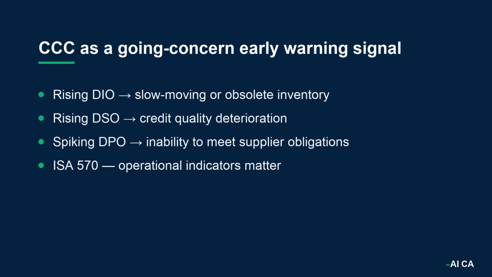If DPO is spiking, the entity may be unable to pay suppliers on time. ISA 570 requires auditors to evaluate whether there are indicators of going concern doubt. The CCC trend is exactly the kind of operational indicator that should be on every going concern checklist.